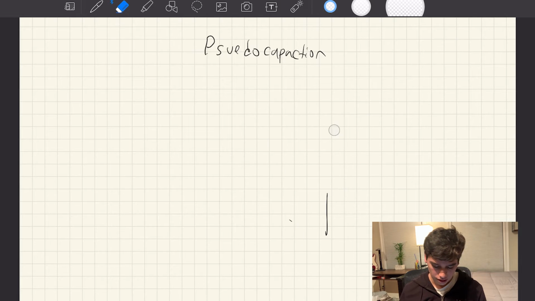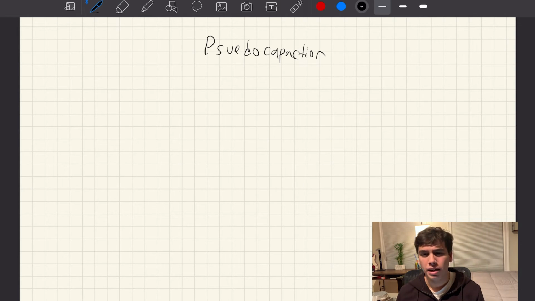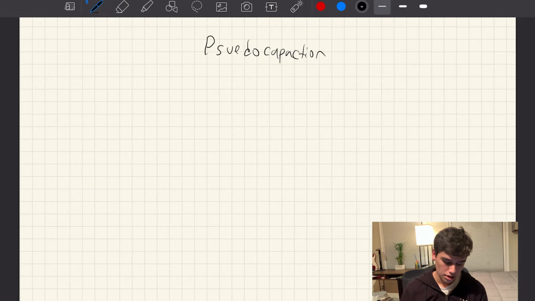So now why would we want to do this? What benefit would this actually have? Well, if you refer back to our previous video, one of the things that holds ultracapacitors back is that they don't have high energy density.